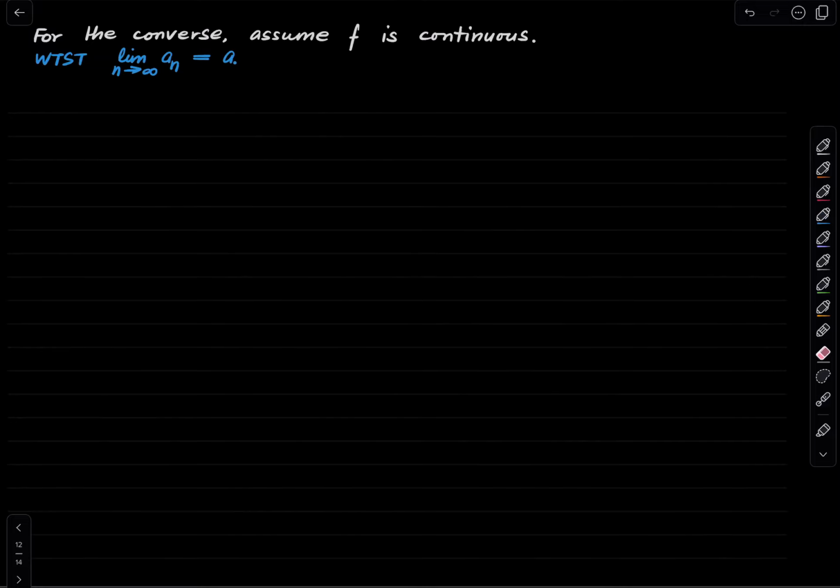So to show convergence, what do we do? We choose an arbitrary epsilon. Okay, and let V equal this set. Again, one can use the picture from the previous page.